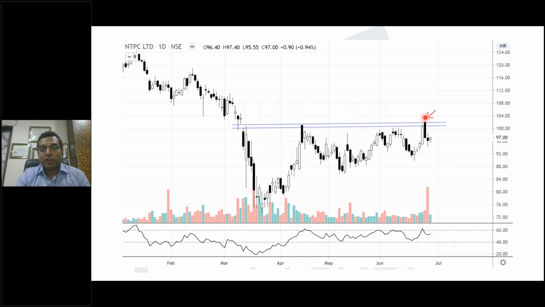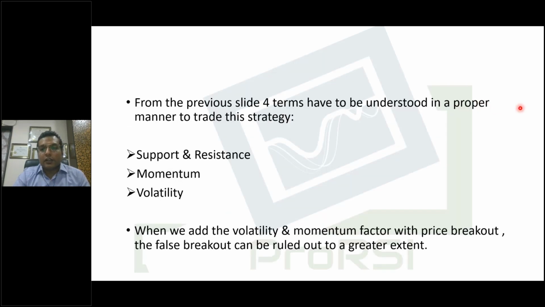After this big candle, there was a push up again above the range, and then again it fell back into this zone. This is what we will face often in the market if we are not mixing the breakout with momentum and volatility. So we'll discuss how you can use these things.